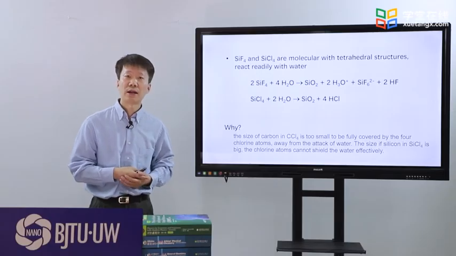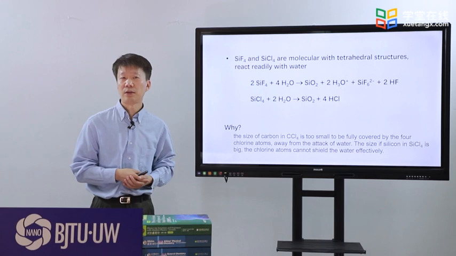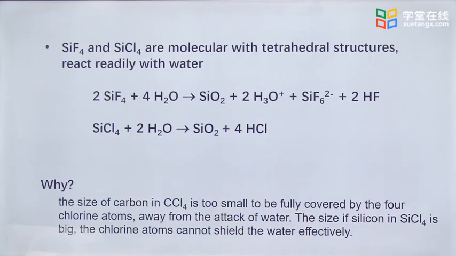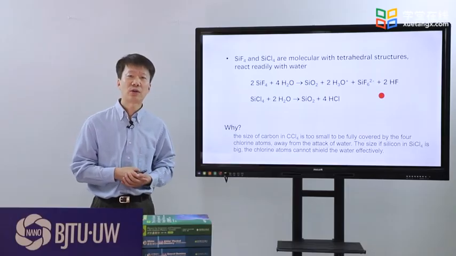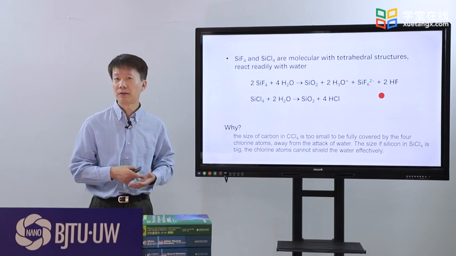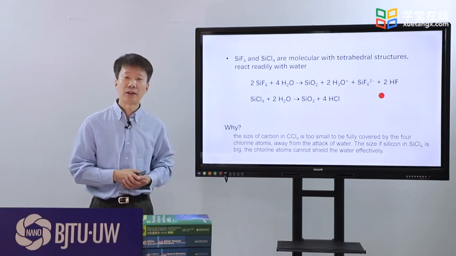Silicon tetrafluoride and silicon tetrachloride are molecules with tetrahedral structure, and react readily with water. See the equation on the slide here. You may ask, why does silicon tetrachloride react with water, but carbon tetrachloride does not?